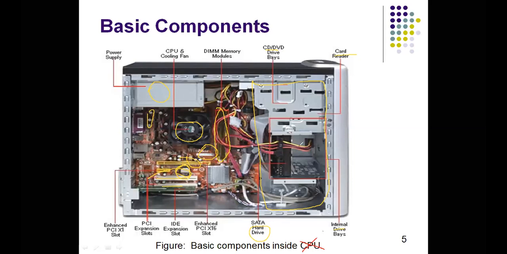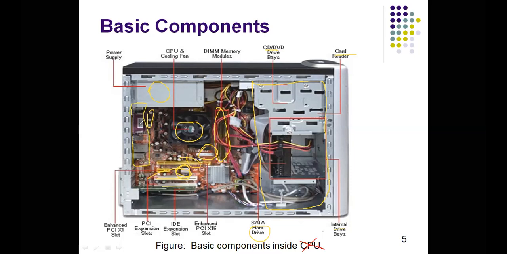Is it clear to you what we mainly have inside this computer casing? Yes, sir. Maybe in your next class I'm going to show you the real components. You will get a clearer idea. In this part you will get ports like SATA port, PATA port, USB port, and your Ethernet cable port.